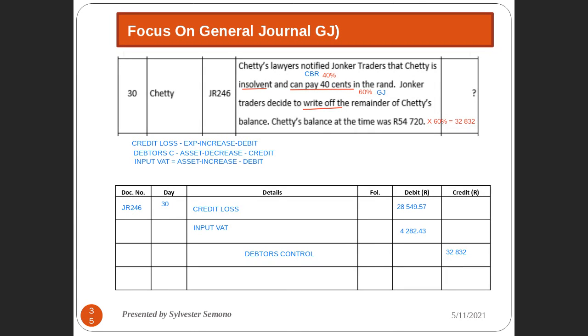We said 32832 less 4282.43. Are you okay, Jared? That's how we found it. Can you see the minute you find that, the difference will be the other amount?